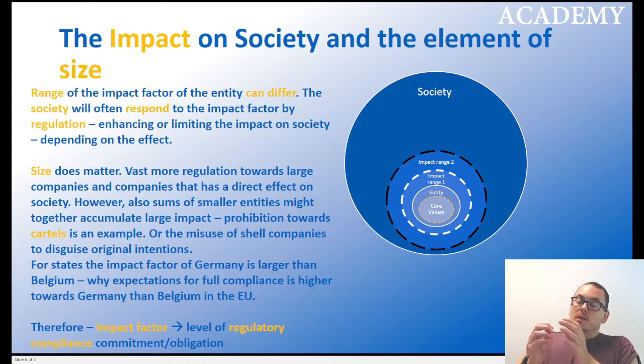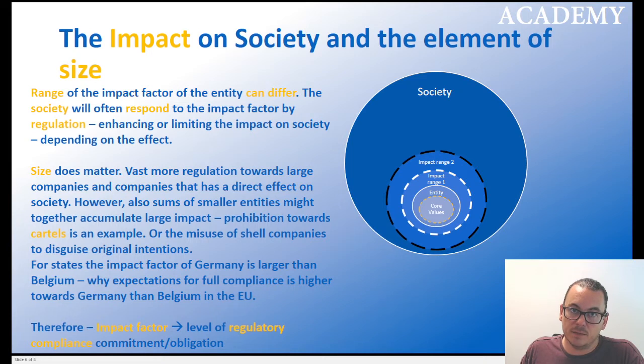Because you might be a small operation with clear core values, your supply chain is perfect, and that also limits your compliance commitment because typically your impact would not be that big in terms of the scale into society. So depending on your size, your compliance commitment will have to be lower or higher.